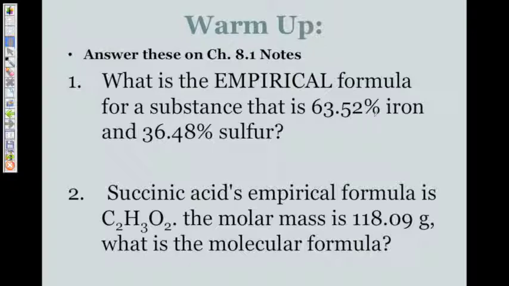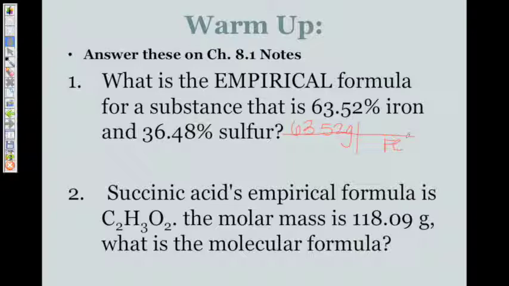To find empirical formula given percentages, you need to go through and you need to change everything to moles. So here we go. 2 T-charts. Now for iron, you need to find your molar mass.